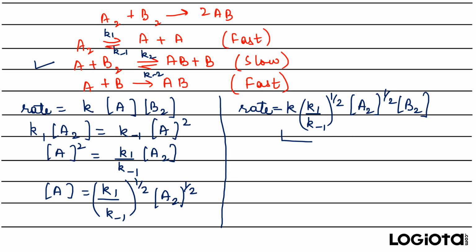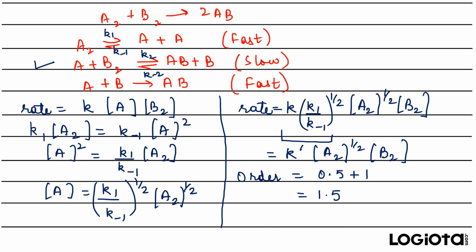So we will convert this whole thing into K dash. So that will be K dash of A2 under the root B2. So this is the rate law. Okay, and the order for this reaction would be 0.5 plus 1, which will be equal to 1.5. So this is the order of this reaction.